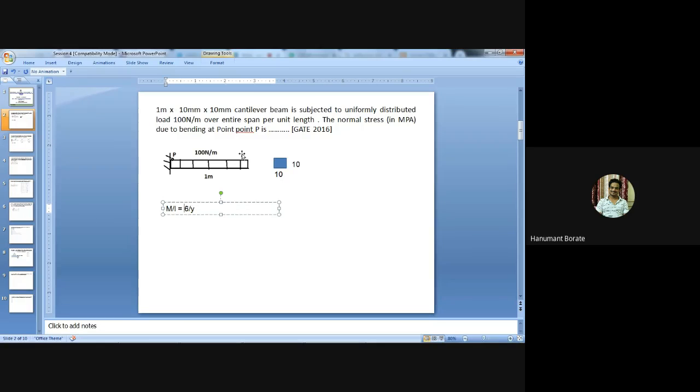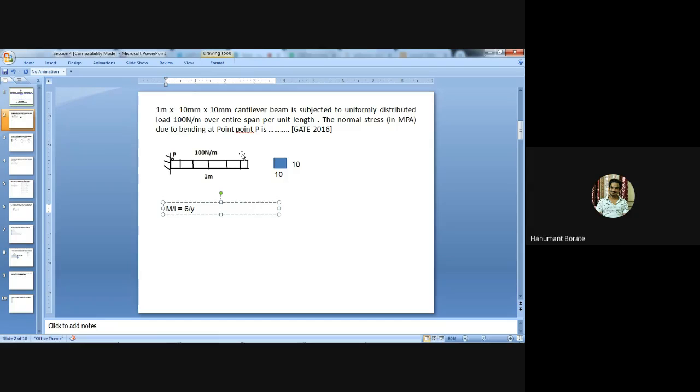Means whenever we apply the transverse load on a beam, that load tends to bend the beam, but due to cohesive forces in the beam material, those cohesive forces resist the bending of the beam, and at a certain stage every cross section sets up full resistance to the bending moment.